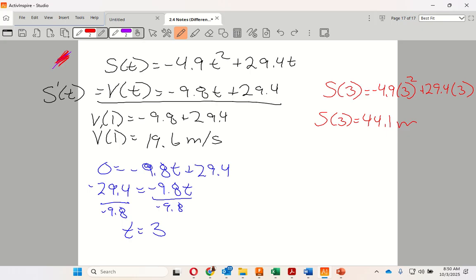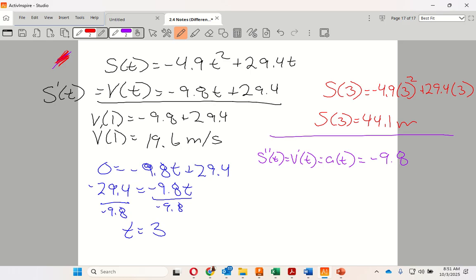All right, so I'm going to take my velocity, and I'm going to take the derivative, so it's s double prime of t, which is the same as v prime of t, which is the same as a of t. The derivative of that is just going to be negative 9.8.